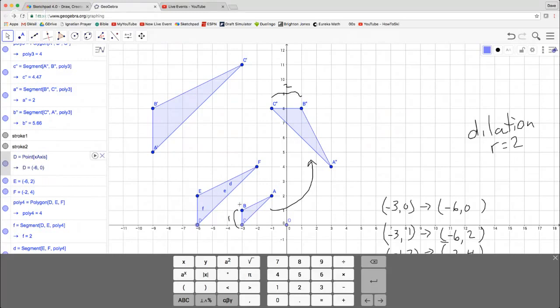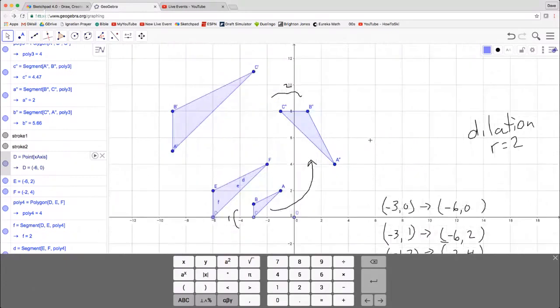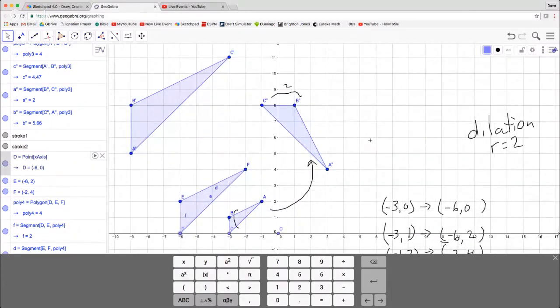Okay. Well, we want to take this triangle here and transform it into this triangle. The first thing we want to do is transform the triangle so that one point is right on top of another point. So what's a good point to match up so that we can just move it straight over to here?